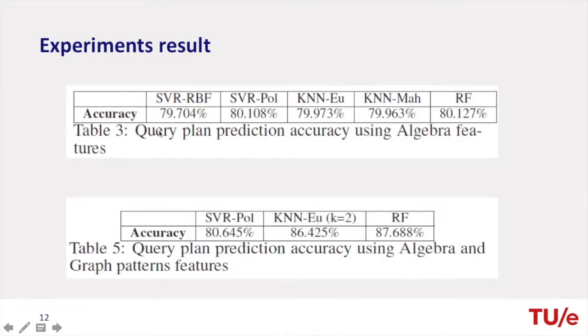So the first one is only using the first technique we introduced, called algebra features. And as you can see, the result is already pretty impressive. It's around 80%. And this is the accuracy after using the algebra and the graph patterns.